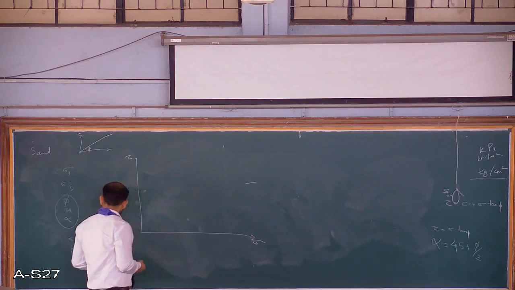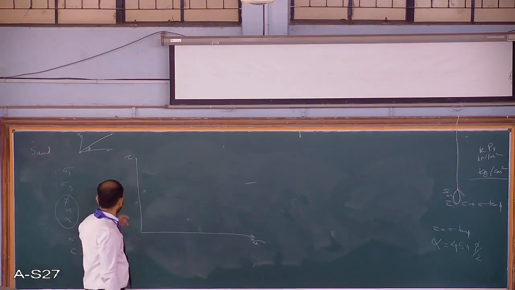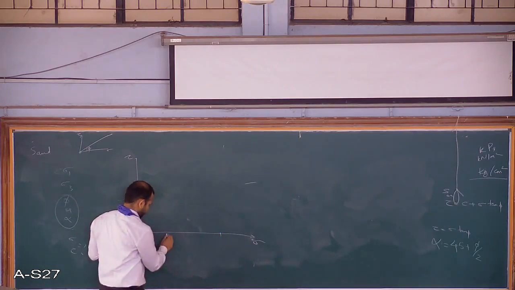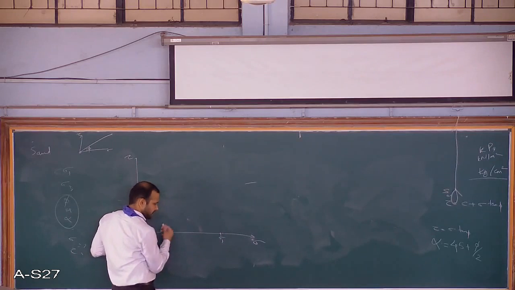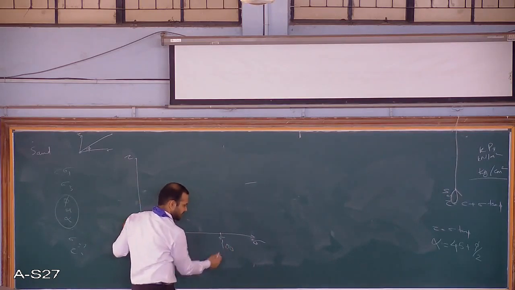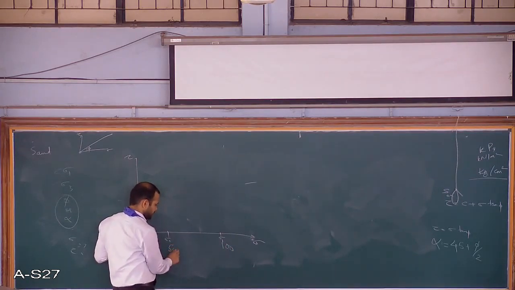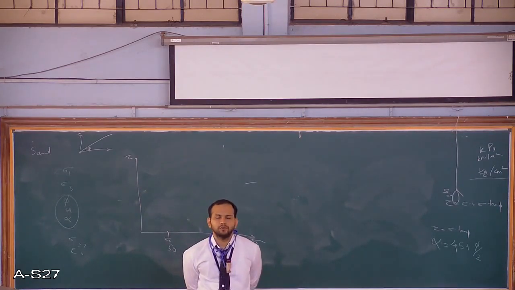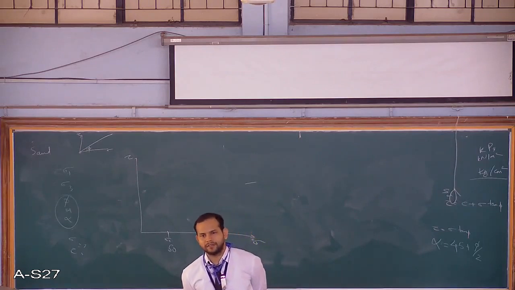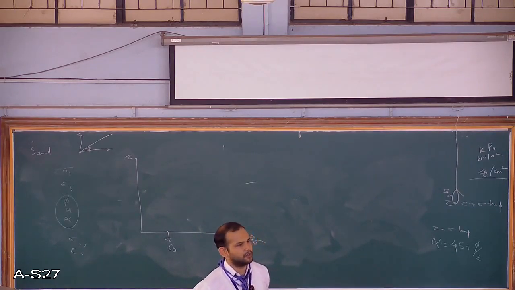Okay, so first they'll give you sigma 1 and sigma 3. So I'll plot sigma 1 and I'll plot sigma 3. Let's say the value here is 100 and here this value is 50. Okay, so you have 2 points at the ends of the semicircle. Can you draw a semicircle on it?